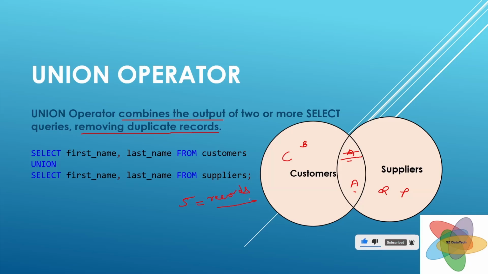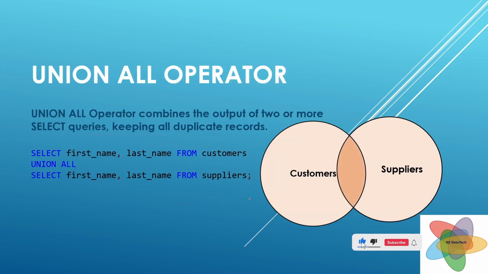Now, next is the union all operator. It is similar to the union operator, that is, it combines the output of two or more queries. Like here, the customer and supplier result outputs would be combined, but it keeps all the duplicates.